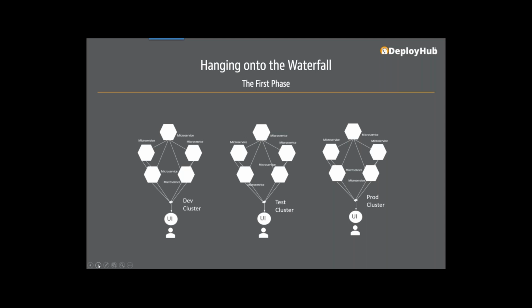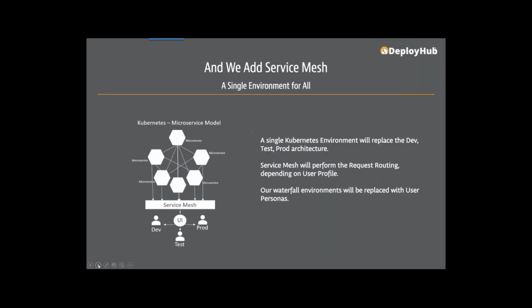And that's a good place to start, because the tools aren't necessarily fully baked yet. But what's coming, if we look around the corner, is we're adding something called service mesh. And service mesh is what takes the waterfall process and finally gets rid of it.